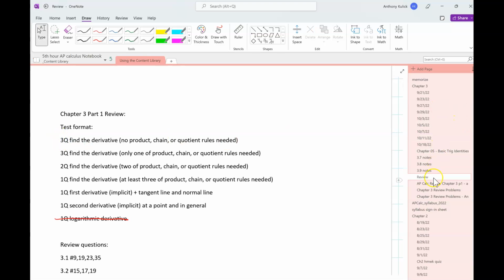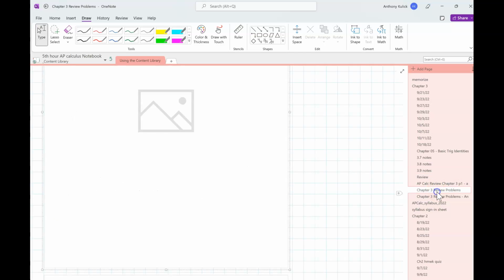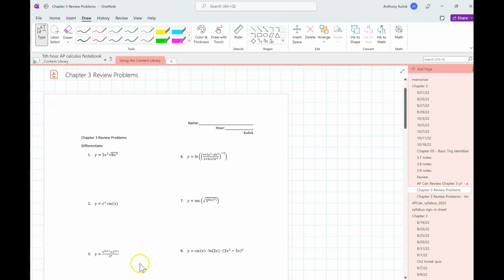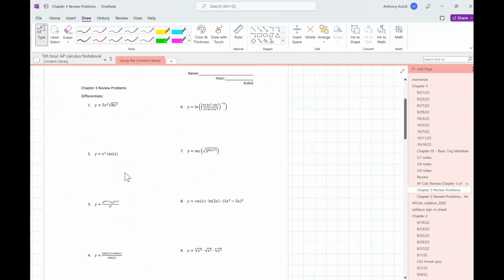I'm sure those are the easy ones. If we go back and look at these review problems, number 1 is something you could do with a product property, but I didn't. I just did algebra and used the power property. That would be a fair representation of something I'd put in there.